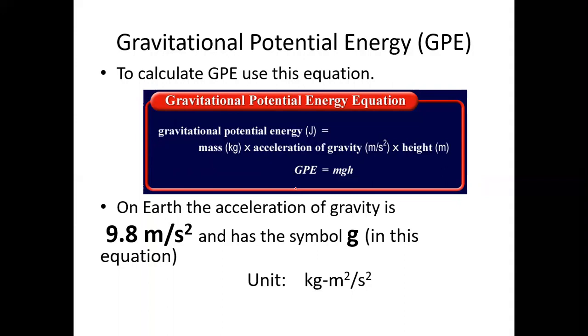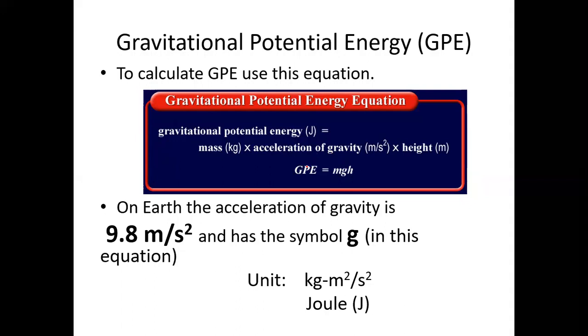Since you multiply mass in kilogram, acceleration due to gravity in meter per second squared, and height in meter, you will have a unit of kilogram meter squared per second squared, which is equivalent to joule. So the formula for gravitational potential energy is mgh.